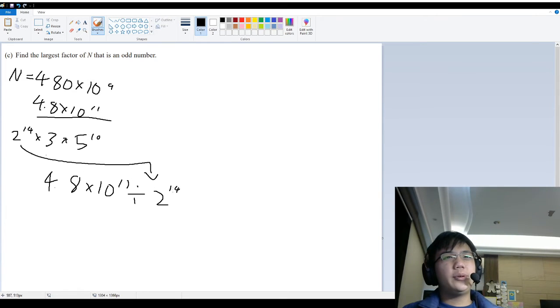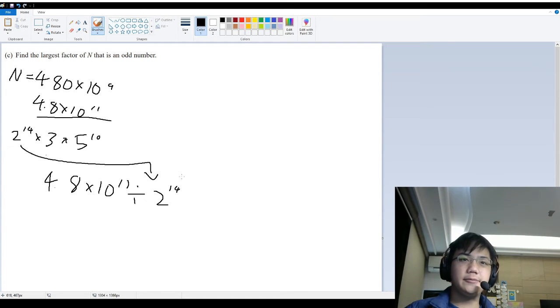And 2 to the power of 14 would be the biggest even factor, and dividing 4.8 times 10 to the power of 11 by 2 to the power of 14, we get 3 times 5 to the power of 10 as mentioned before.